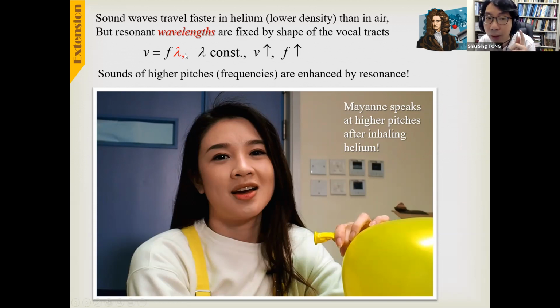If lambda is fixed by the shape of the mouth, the resonant wavelength is fixed by the shape of the mouth, and the wave speed increases due to the inhalation of the helium, the frequency f will also increase. So that's why he sounds with a higher pitch. Okay, so that is again a phenomenon of resonance.